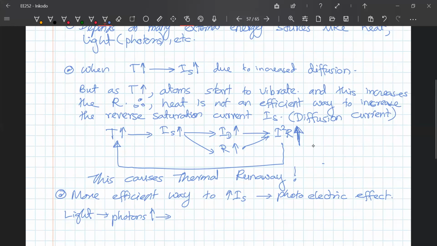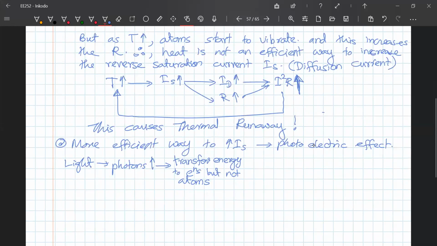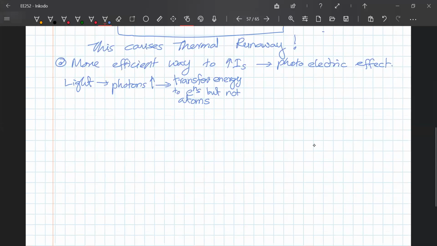So they transfer energy to electrons, but not to atoms.